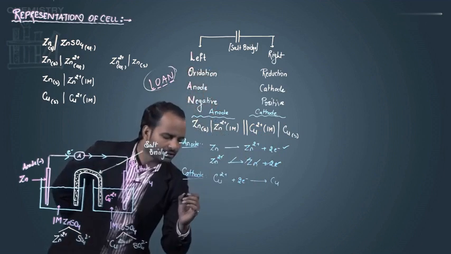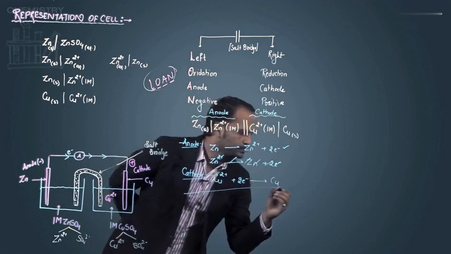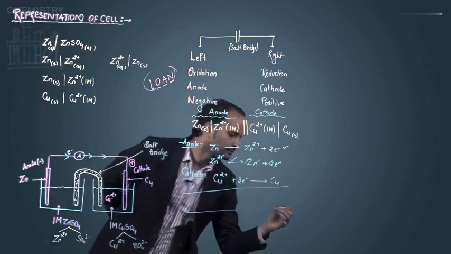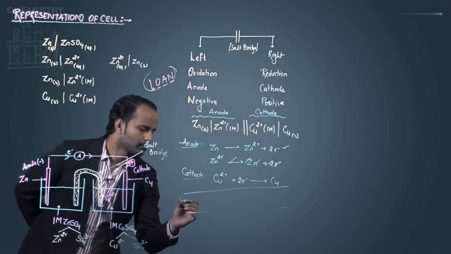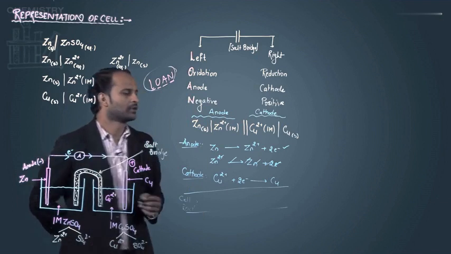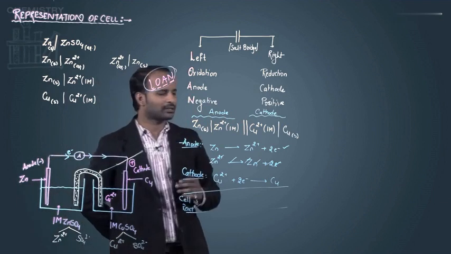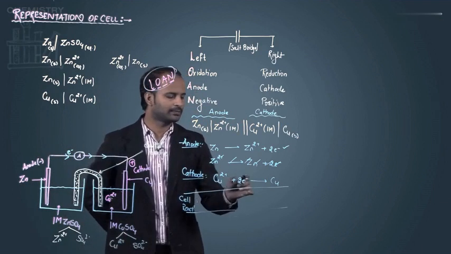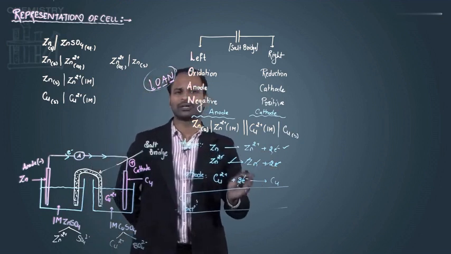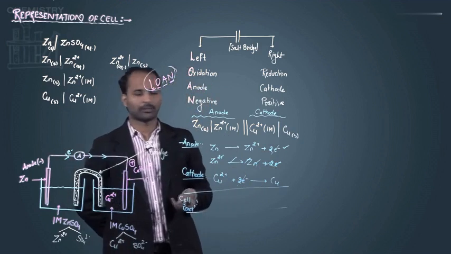Then finally, once I have the reactions on the anode and cathode, I will write the cell reaction. For the cell reaction, the rule says that all the electrons should get cancelled. If the electrons are not equal, then make them equal by multiplying by some suitable number.